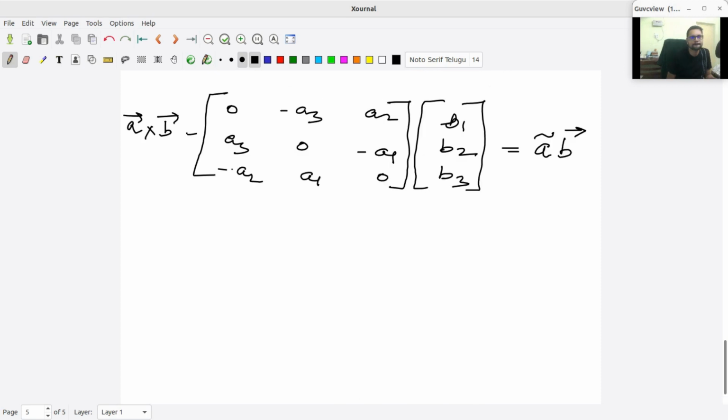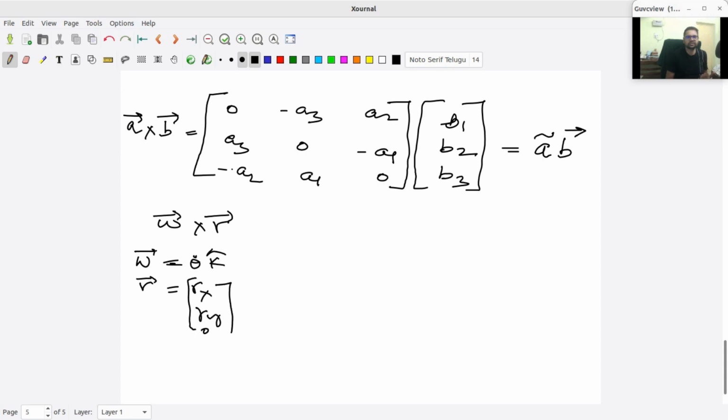We will also have cases where we will have omega cross r, where we are computing velocities or accelerations. In this case, your omega will be simply theta dot times k cap, and your r will be rx, ry, 0, since we are dealing with planar cases.